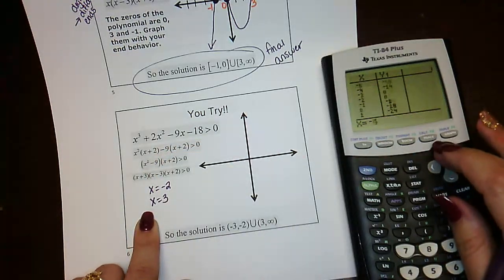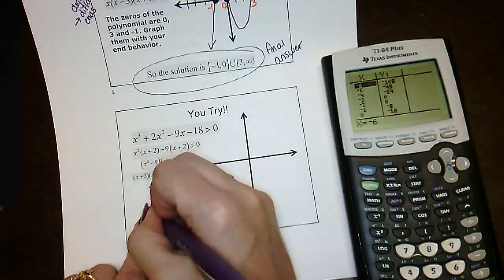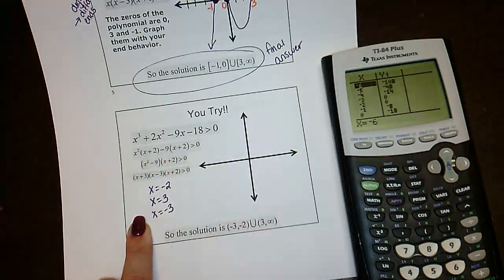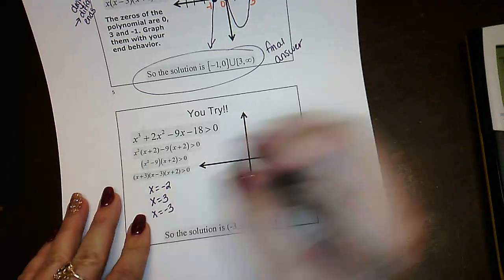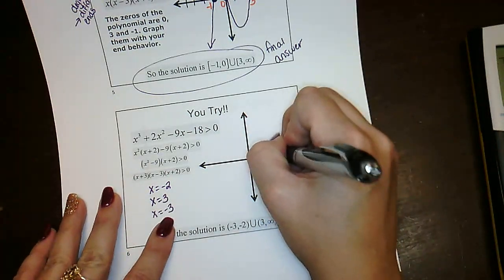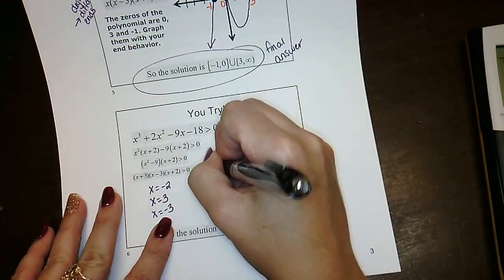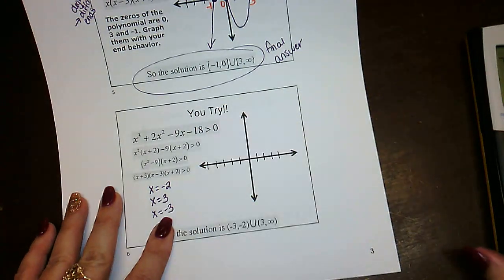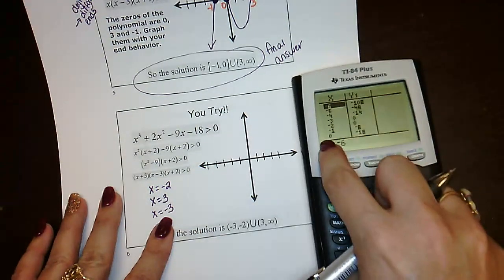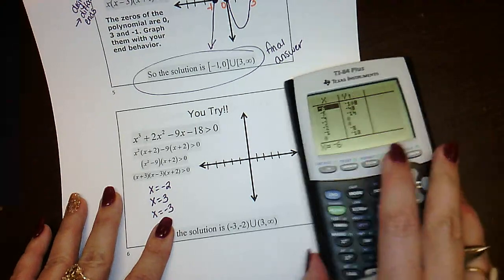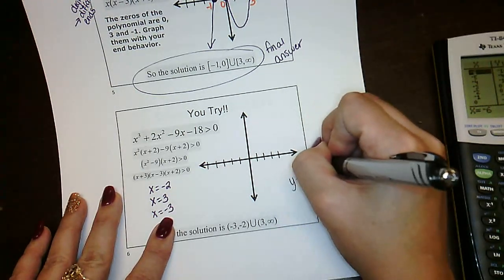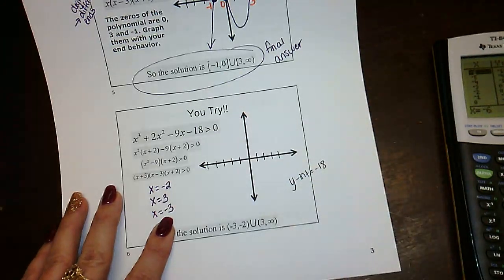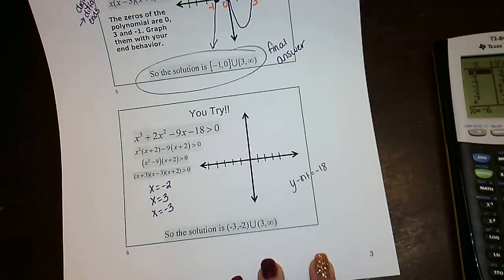And then I have another one at x equals negative 3. So these are my solutions. I'm going to graph this out. And you can also see that your y-intercept is at negative 18. We're not going to graph that because it's too far down.